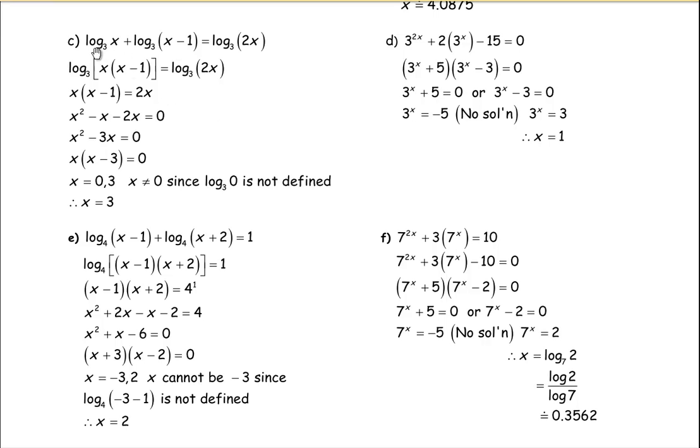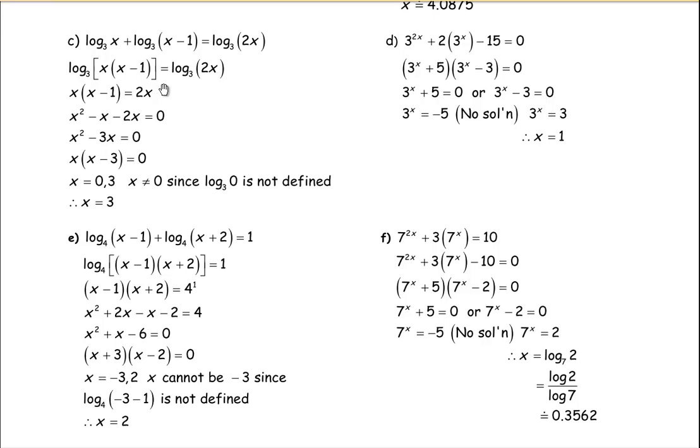For C here, we're given this logarithmic equation. And notice that all the logarithms are the same base. If they're not, then you can't use the rules of logarithms to combine logarithms, etc. So since this is a sum of 2 logarithms, to rewrite this as one single logarithm, it would be logarithm base 3 of x times x minus 1 would equal this logarithm on the right side here.